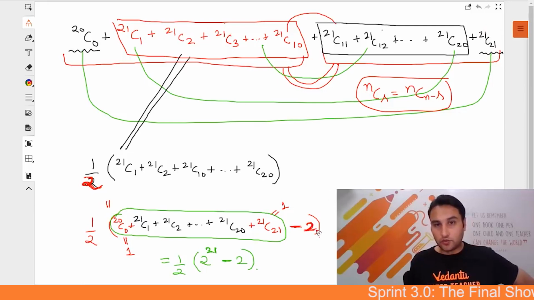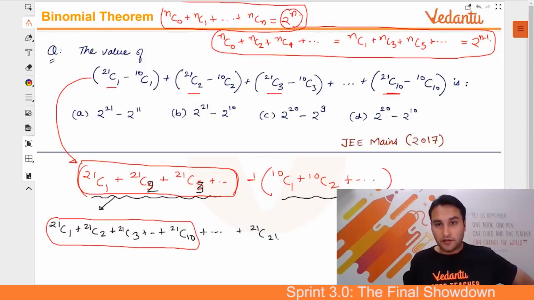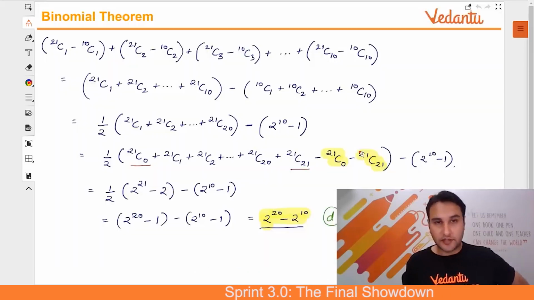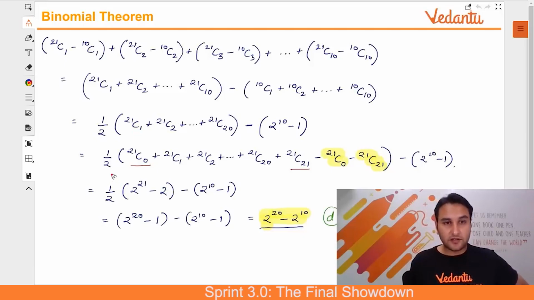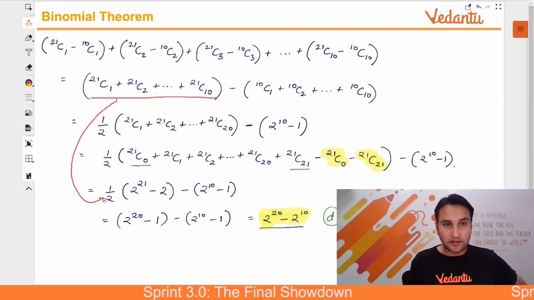So I subtracted 2. What became is the formula directly. NC0 से लेके NCN. But its value is 2 raised power n. So it became 2 raised power n, which is 21 minus 2. So this is your first term. ठीक है ना? So this is what I've done here. So I have explained you this entire thing. I have explained you converts till here.